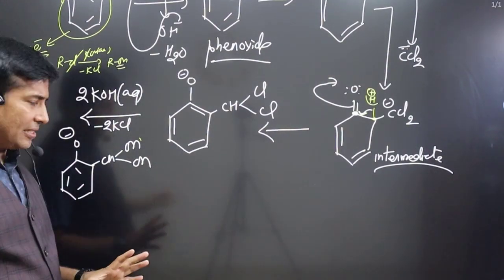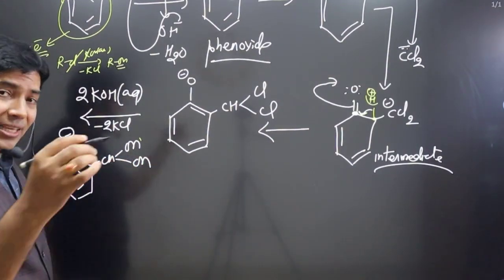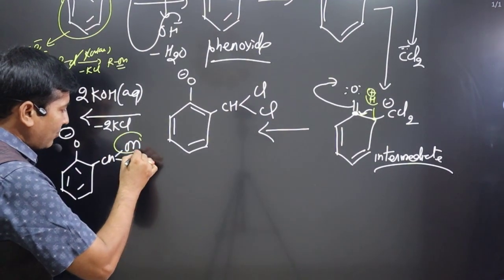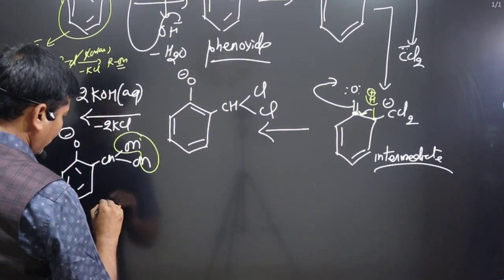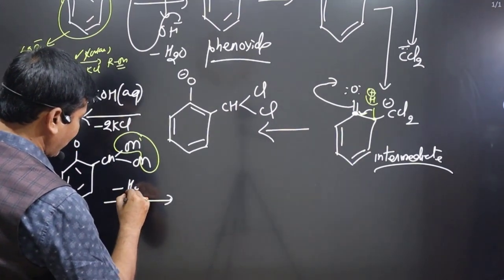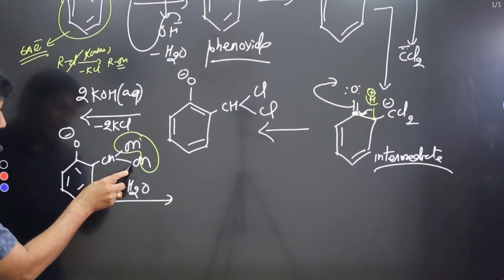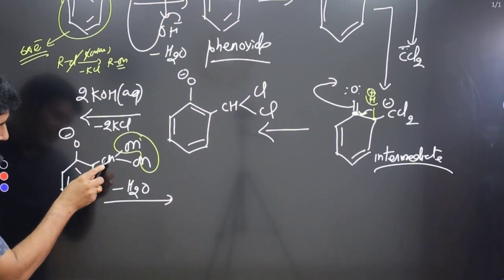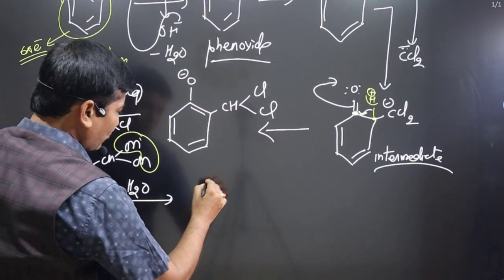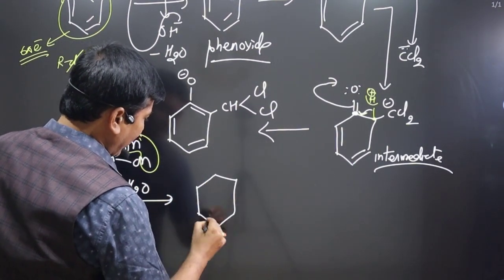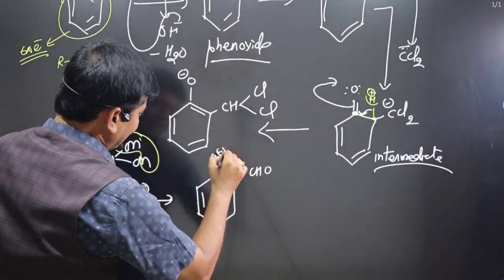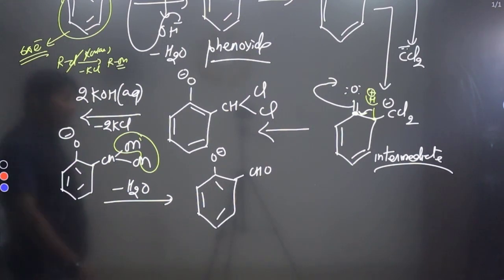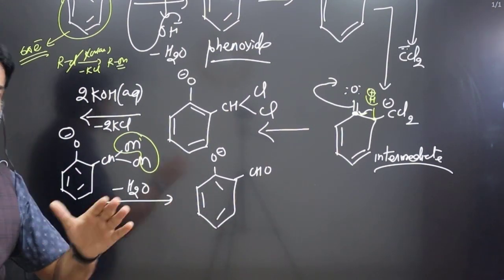To avoid the repulsion, we remove a water molecule so that it can be in the stable state. Once we remove the water molecule, we are left with only one oxygen. This oxygen is attached to CH. This is what we are looking for, because we have the aldehyde group CHO, and O minus is there. We got the aldehyde group in the ortho position.